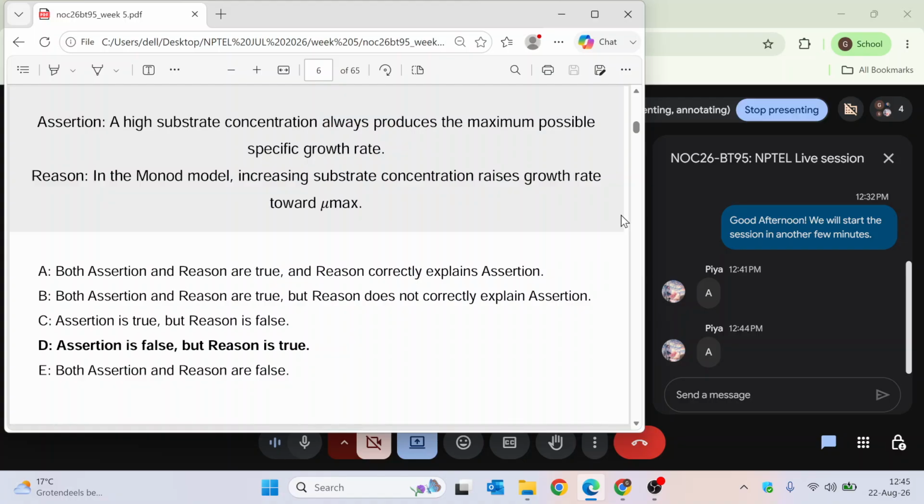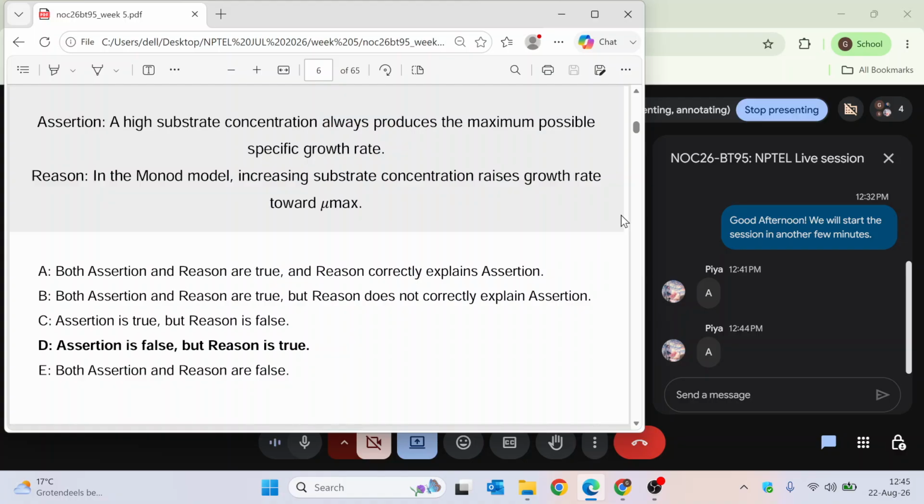So a high substrate concentration does not always produce the maximum specific growth rate. At excessively high concentration, many substrates exhibit a phenomenon called substrate inhibition, and when there is substrate inhibition, the growth rate will decrease. So it's not a direct correlation and it's not happening always. That's why the assertion is false.